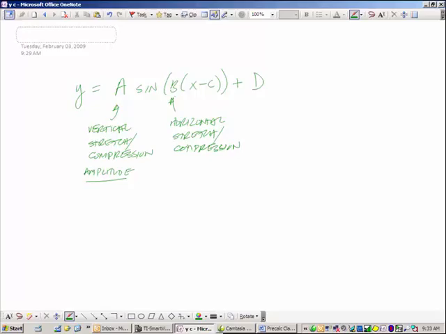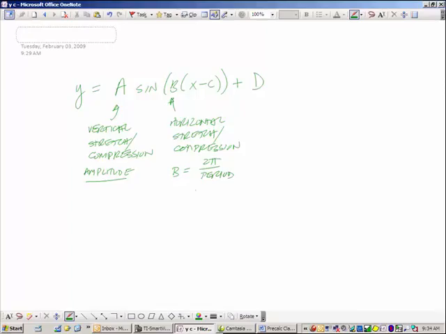2 pi. Okay? If B is 2, it actually makes everything happen twice as fast, so the period is pi. So here's the relationship. B is not the period, but B equals 2 pi over the period.